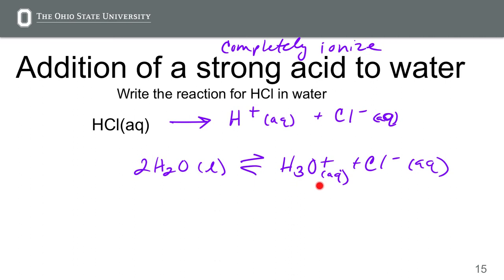Because what is the concentration of H3O plus from the autoionization of water? It's 1 times 10 to the minus 7 molar. Right? If we add anything greater than 1 times 10 to the minus, I believe it's 6 moles per liter of acid, then we don't need to consider the equilibrium with water.